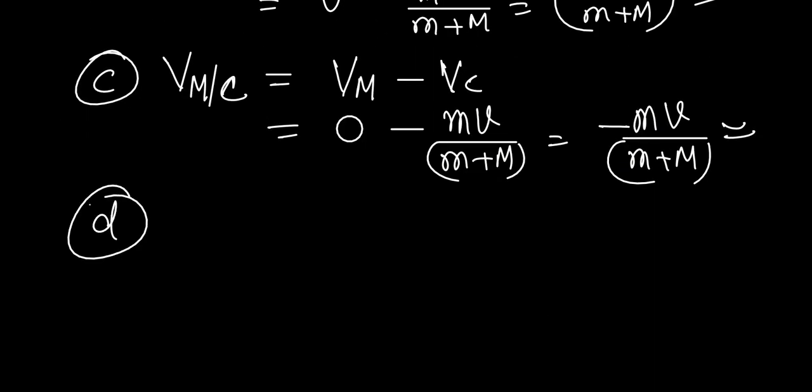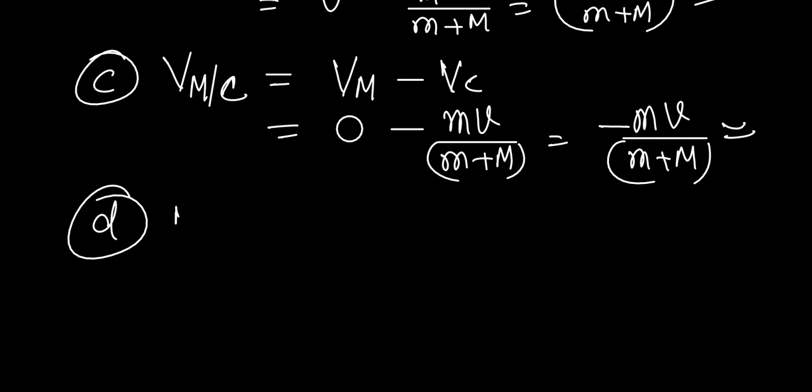Now let's go to part D. Find the angular momentum of the particle and the rod about the center of mass before the collision. Okay, so the angular momentum of particle and of rod.